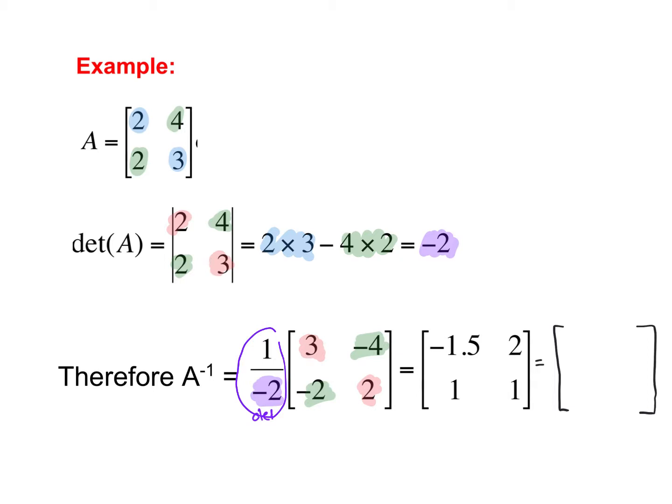If I multiplied that scalar out, I could have just said it's 3 over -2, now -4 over -2, and that becomes positive. Then it would be -2 over -2. So whatever the determinant is, it divides all those numbers underneath.